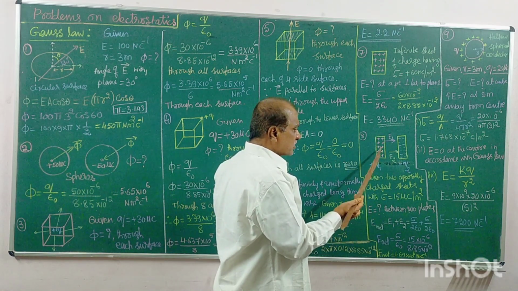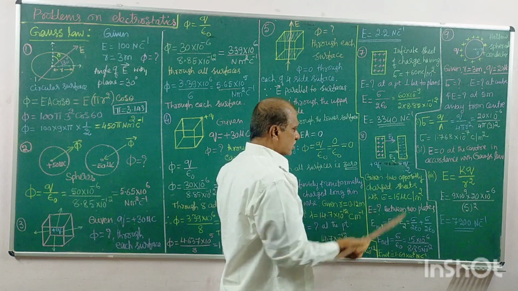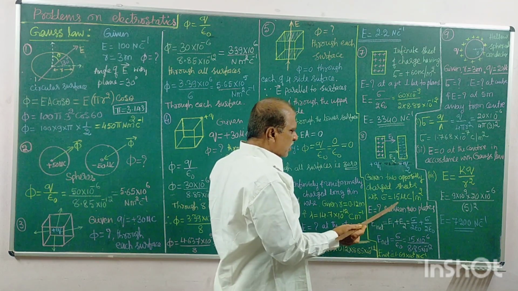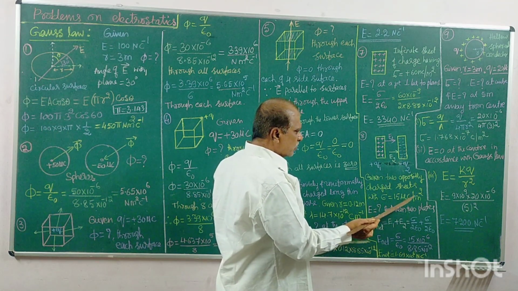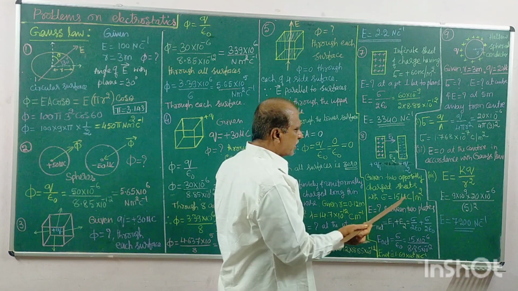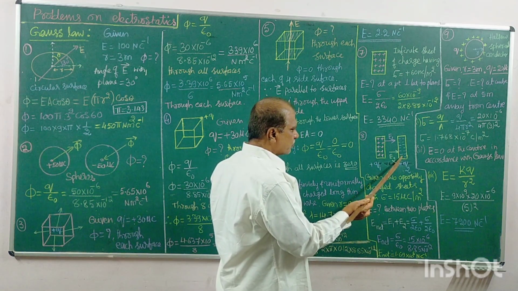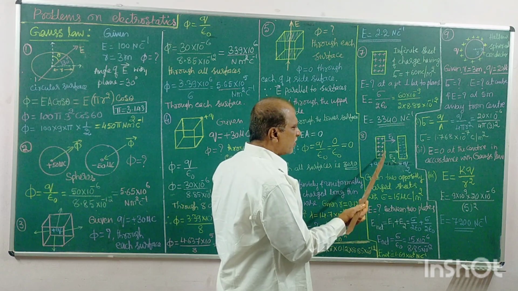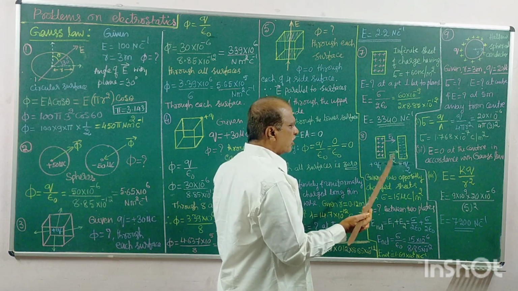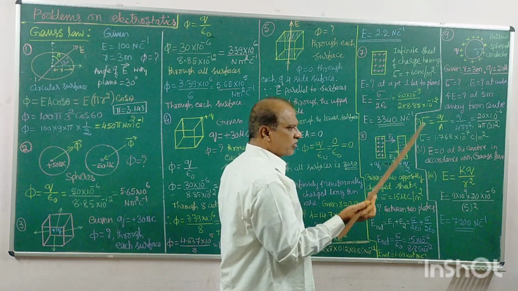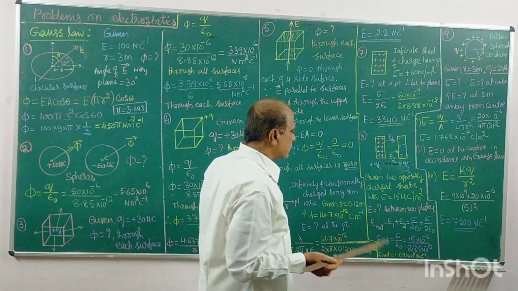Of course, the charges are positive and negative. The surface density is 15 microcoulomb per square meter. Two plates of uniform distribution, infinite number of charges.